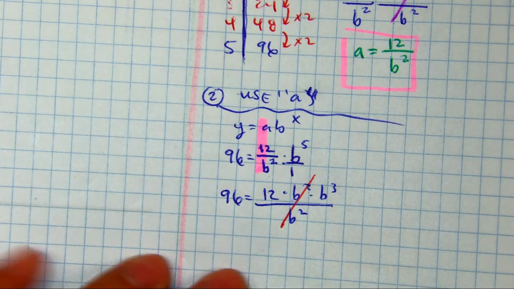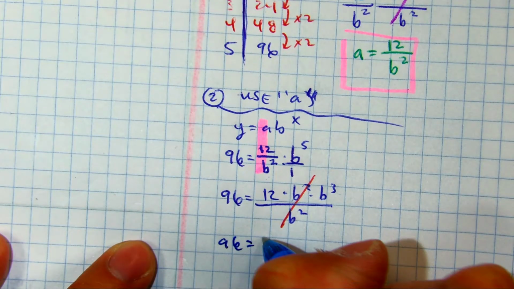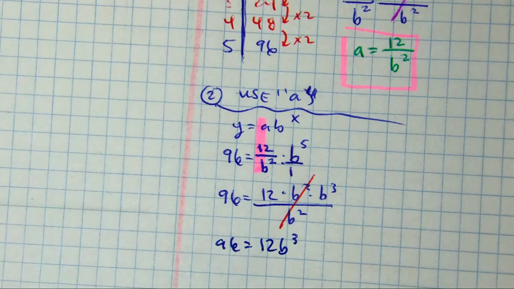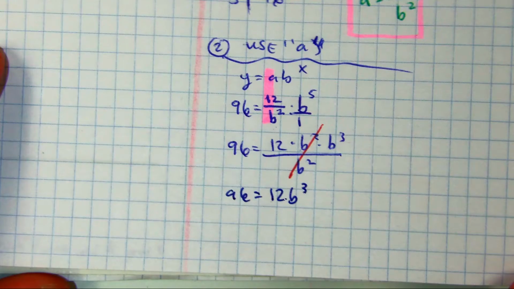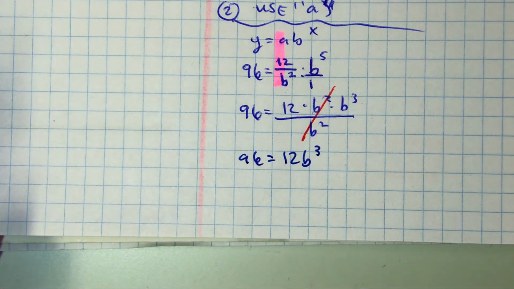So I get 96 equals 12 times b to the 3rd power. What do I do from here, Jesse V? How do I solve for b?